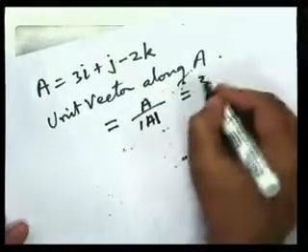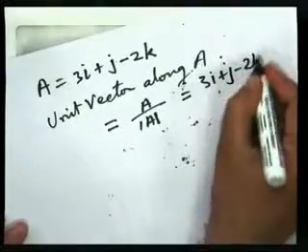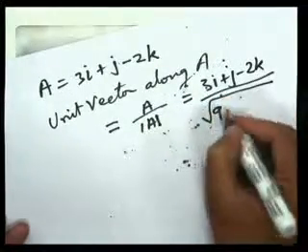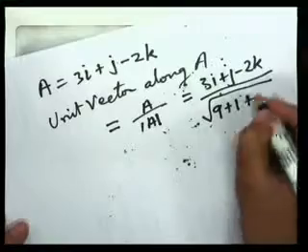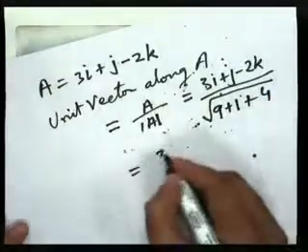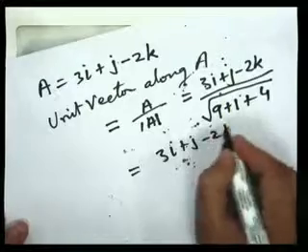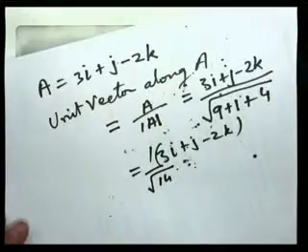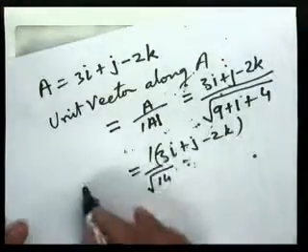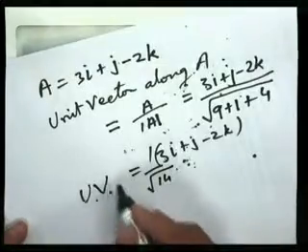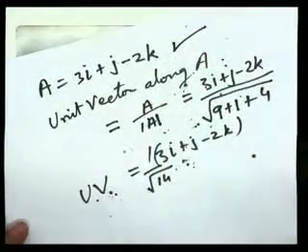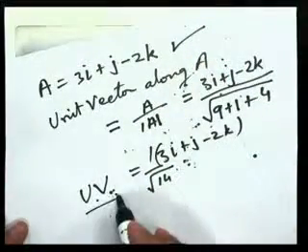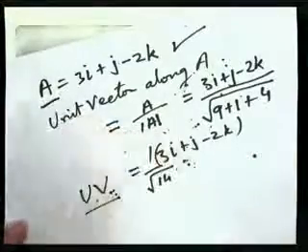This is equal to 3i plus j minus 2k upon the square root of 9 plus 1 plus 4, which is 3i plus j minus 2k, or you can say 1 upon root 14 times that. So this is the unit vector of vector A, or precisely the unit vector along the vector A.